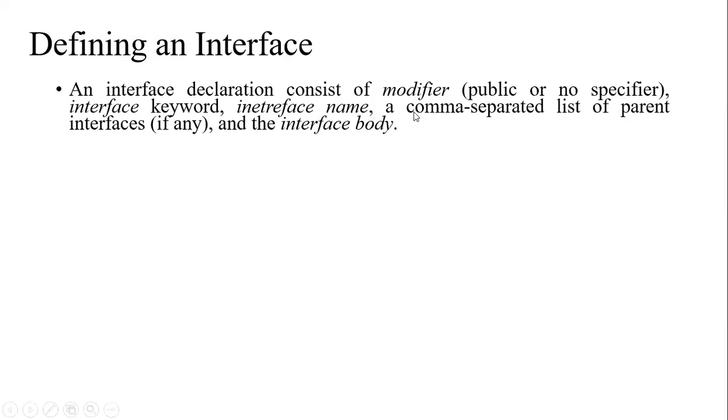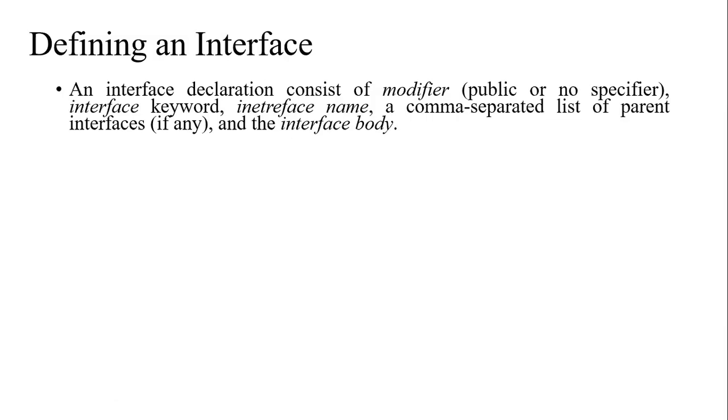After that, a comma separated list of parent interfaces. This is talking about a general syntax. One interface can extend more than one interface also. Extension of interfaces is available, like how you have extended classes. In a similar way, you can extend interfaces also, right?